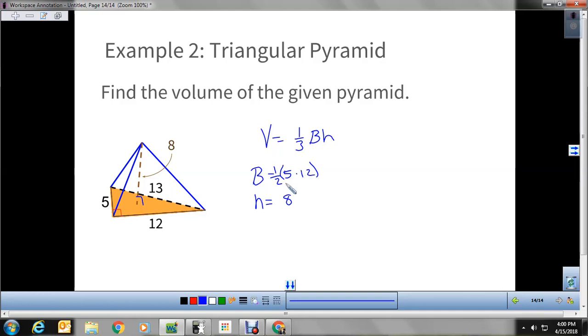So 12 times 5 is 60, and half of 60 is going to give us 30. So 30 is our area of the base. So the volume can be calculated by taking area of the base, 30, times 8, and dividing by 3. 3 goes into 30 10 times, and 10 times 8 gives us 80. So the volume is equal to 80 cubic units.